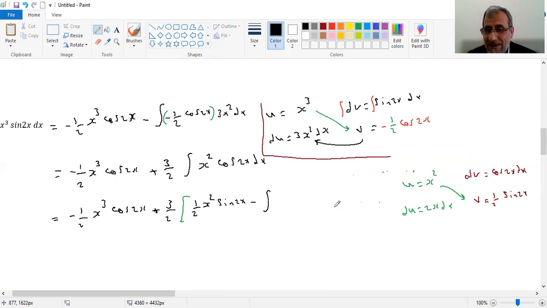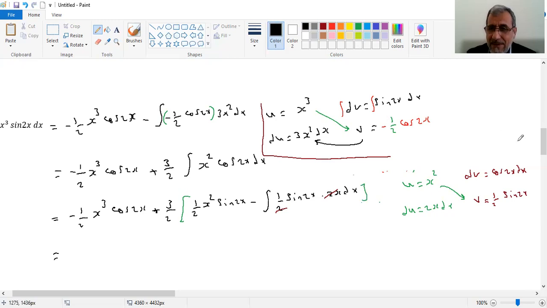If you multiply half sine 2x by 2x dx, this 2 with the 2 cancels, so we rewrite it.